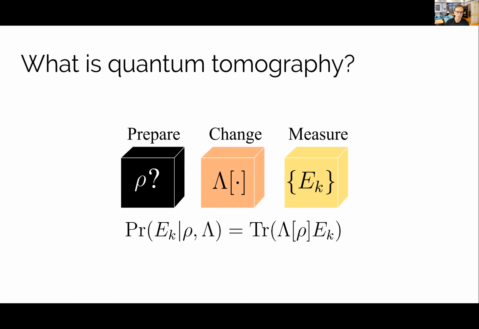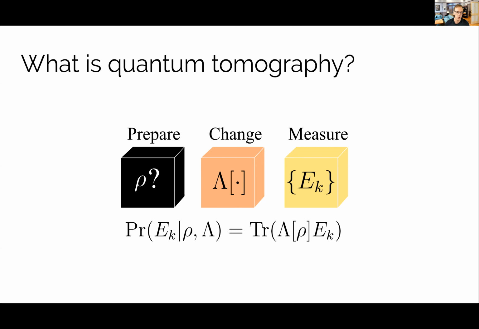So as a theorist, I'm imagining these things are literally just boxes, and the quantum state is a label for this preparation box. So what is the information that I use to be able to predict the outcomes of experiments?